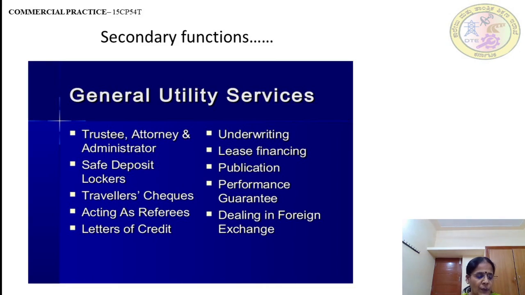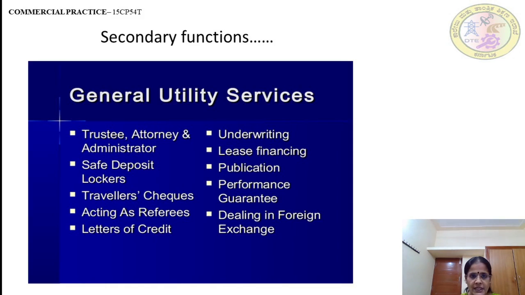As an executor, the bank winds up the property of the deceased in accordance with his instructions as contained in the will, and as an administrator, the banker distributes the property of the deceased in accordance with the directions laid down in the letter of administration issued by the court.